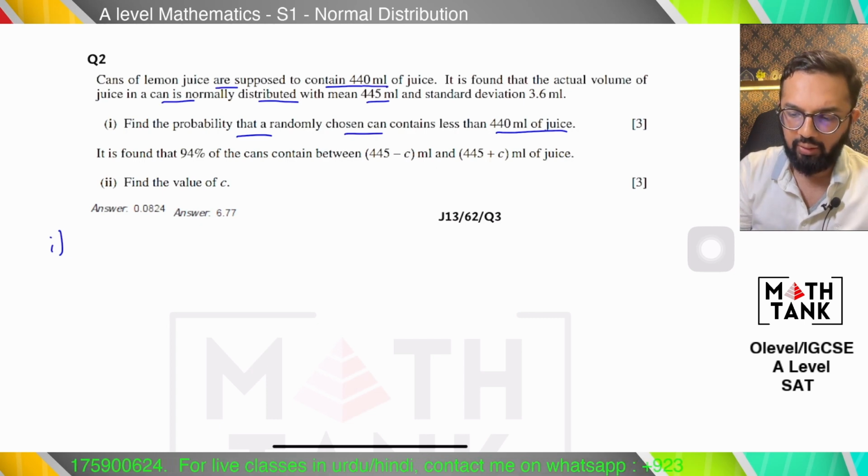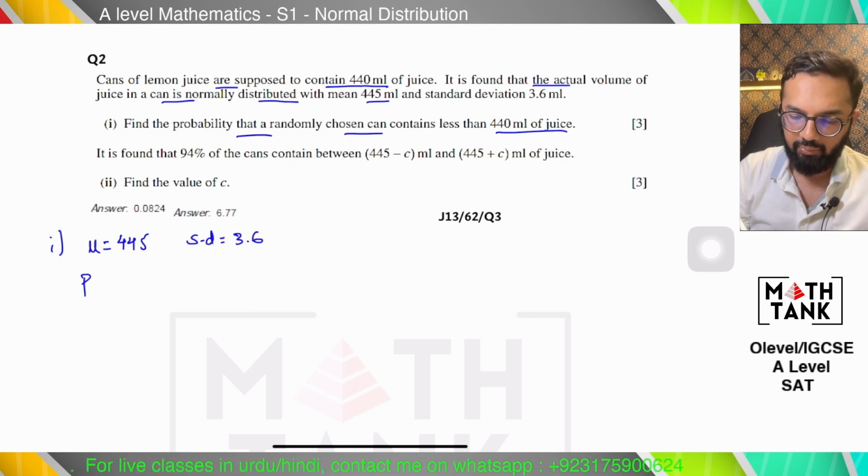Okay, they're supposed to contain 440 ml. It is found that the actual volume is normally distributed with mean 445 and standard deviation 3.6. Find the probability that a randomly chosen can contains less than 440.